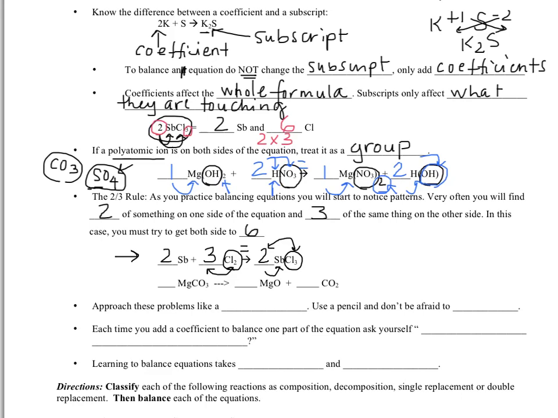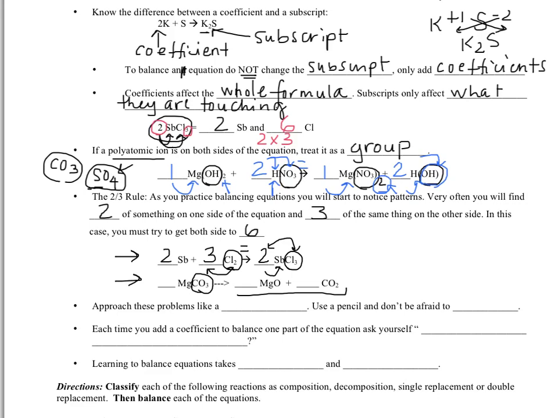Okay, there is one little variation on it that's less common, but it sometimes throws people off, so I got to show you. In this next example, first of all, I see a polyatomic ion, CO3 here, but when I look over on the right of my arrow, I don't see CO3.